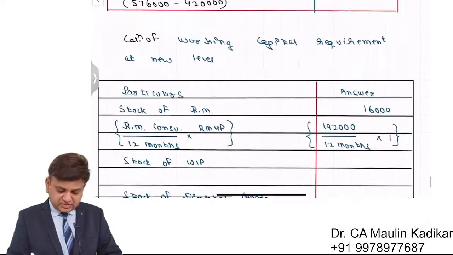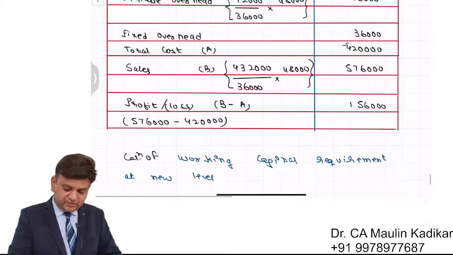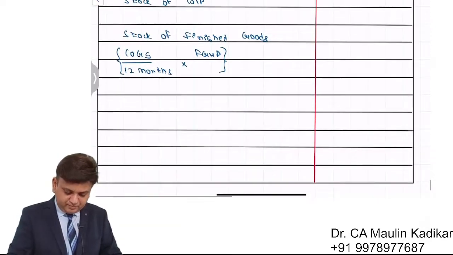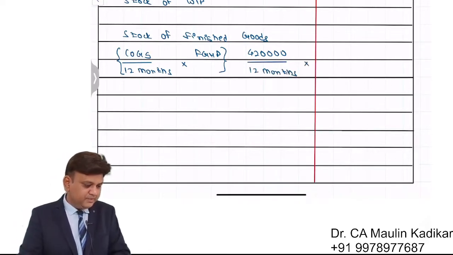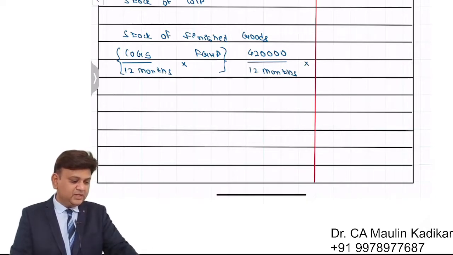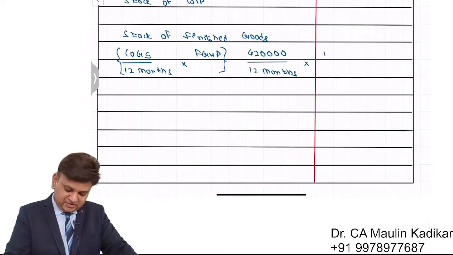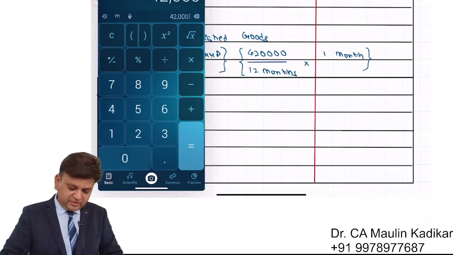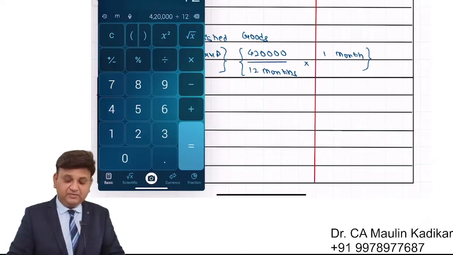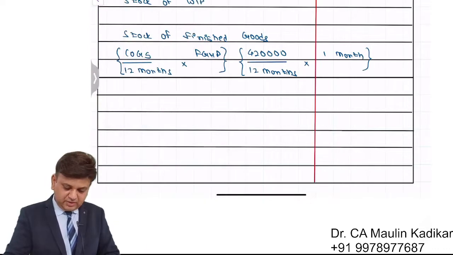Cost of goods sold is an amount of 4,20,000 divided by 12 months, multiplying with the finished goods holding period, given as again 1 month. So 4,20,000 divided by 12 is 35,000.